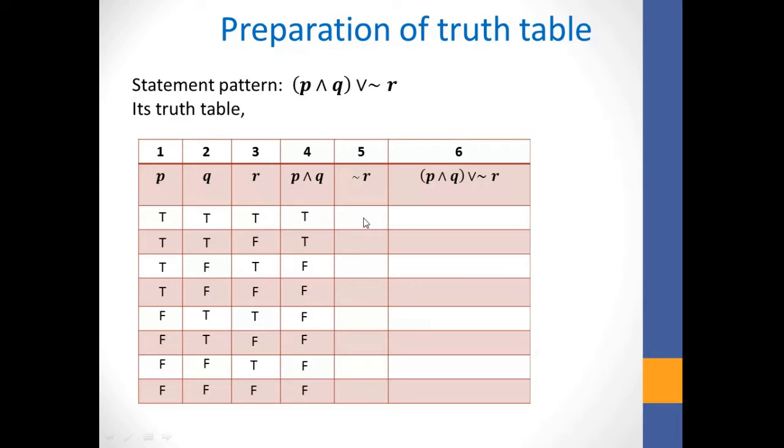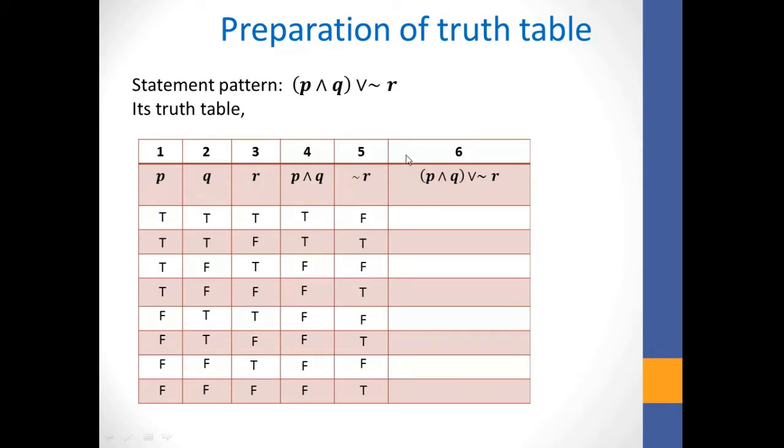Very simple. Here we will get F, then here it is T, then for T it is F, for F here it is T, then here also F, here T, here F, and last one here T. So negation R is completed.